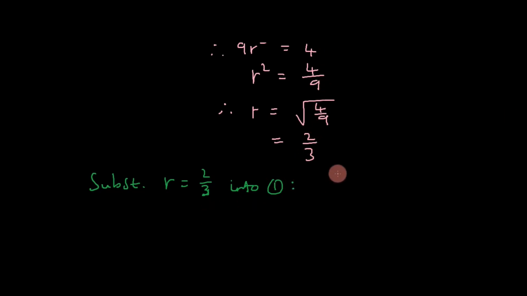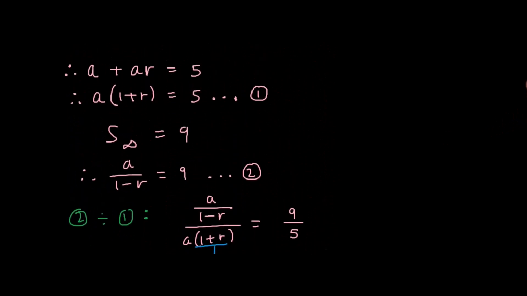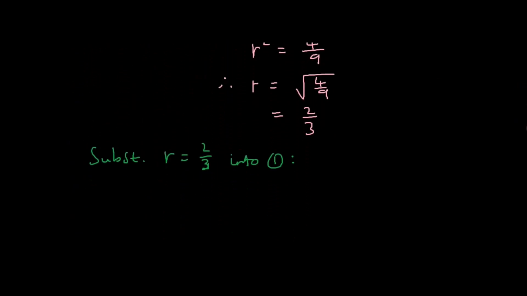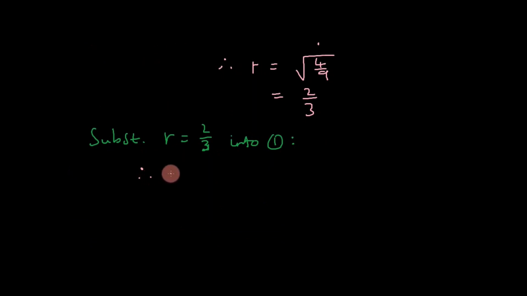And equation 1 was a into 1 plus r is 5. So that means that a into 1 plus 2/3 equals 5. 1 plus 2/3 is 1 and 2/3, which is 5 over 3.